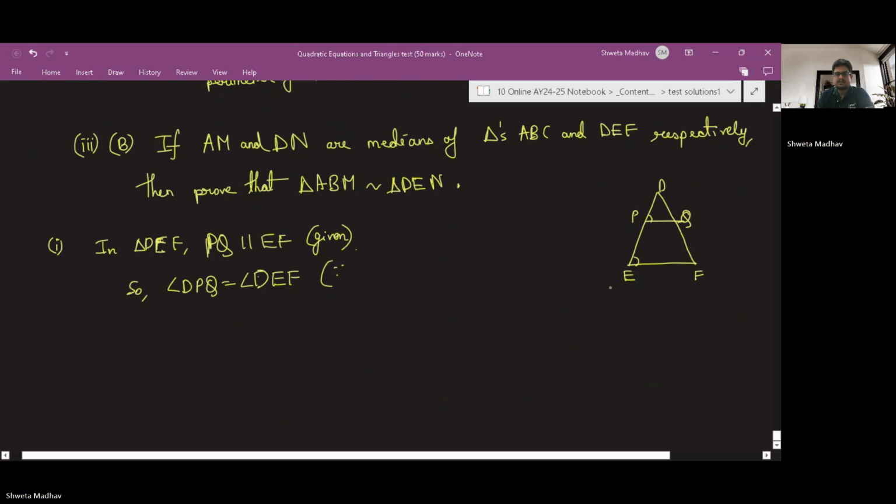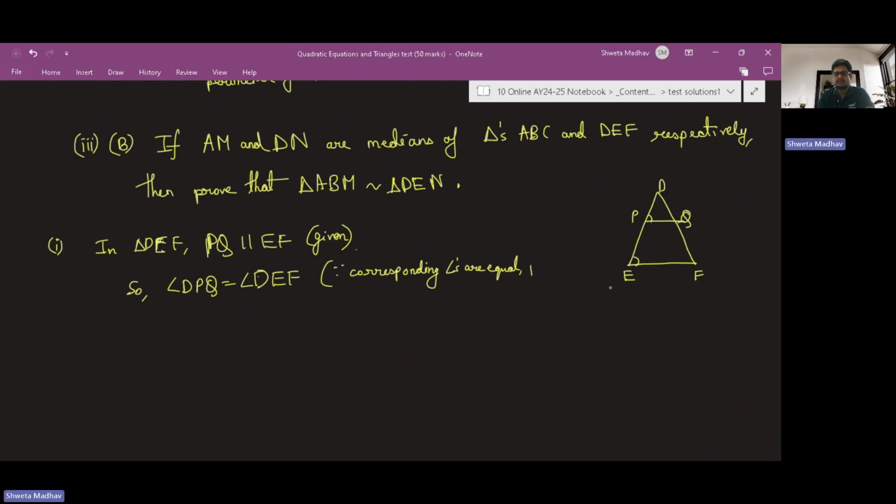Since PQ is parallel to EF, corresponding angles are equal.